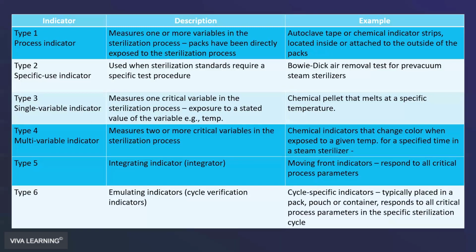So an integrating indicator, and they call these moving front indicators because the type 4 indicators just have a color change. They have a couple of squares or some dots or something that will change color. A type 5 integrating indicator actually has a chemical inside of it that melts at the right temperature and at the right pressure.